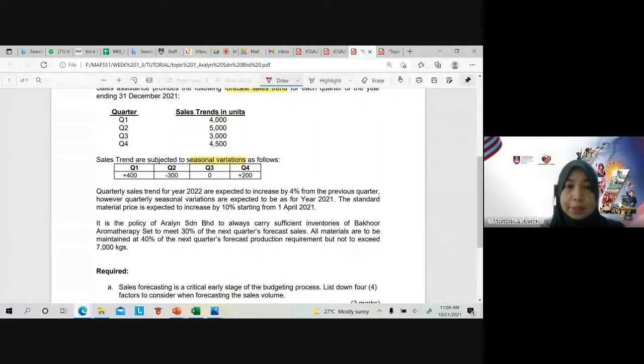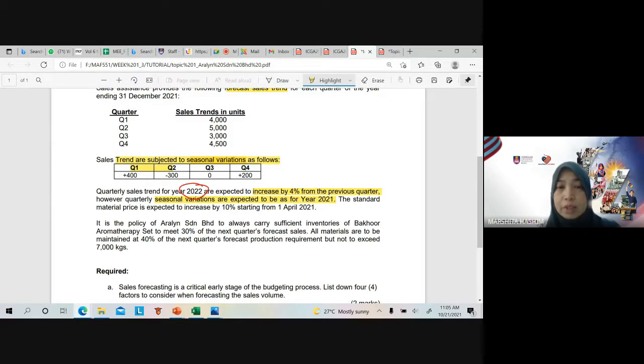Quarterly sales trend for year 2022 is expected to increase by 4% from the previous quarter. And seasonal variations are expected to be as for year 2021. This is year 2021.